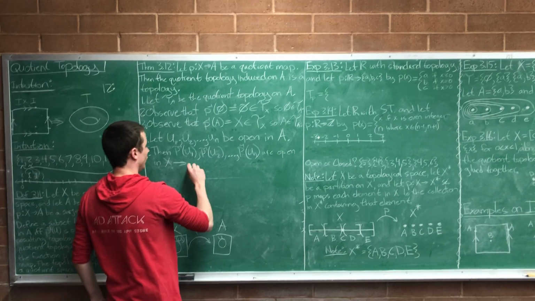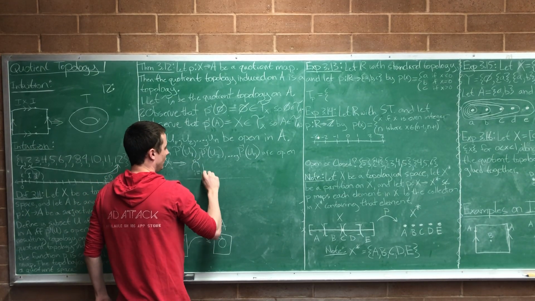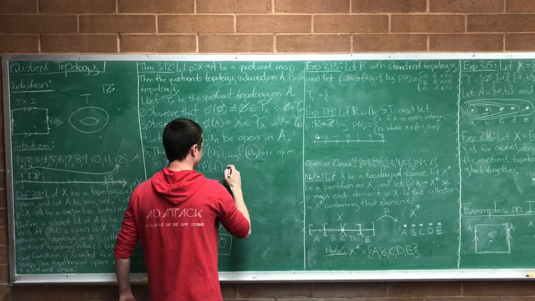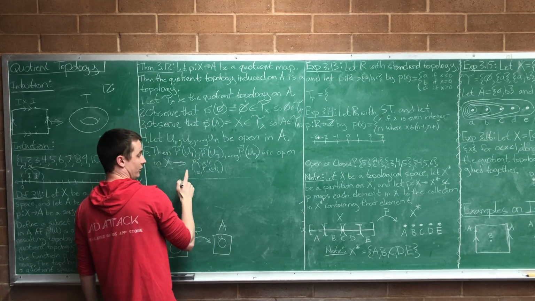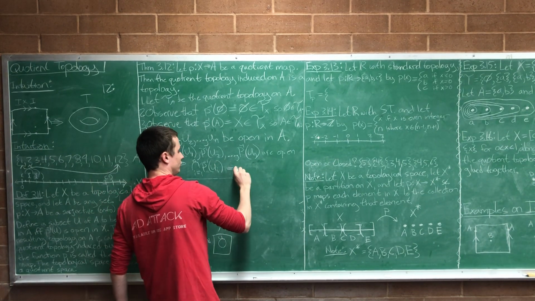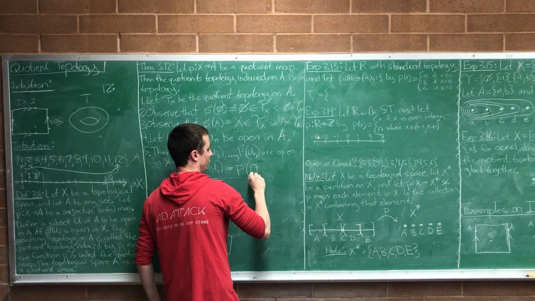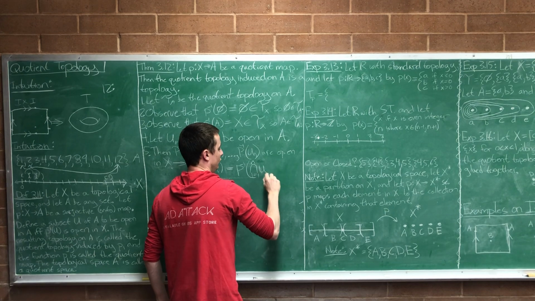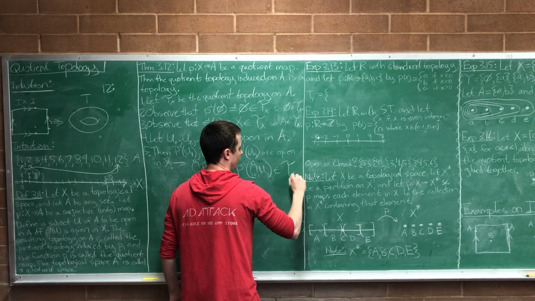Okay, so then the intersection from i equals 1 to n of the pre-image of U sub i, which is equal to, then we can now pull out the pre-image of the intersection from i equals 1 to n of U sub i, is in the topology on X.